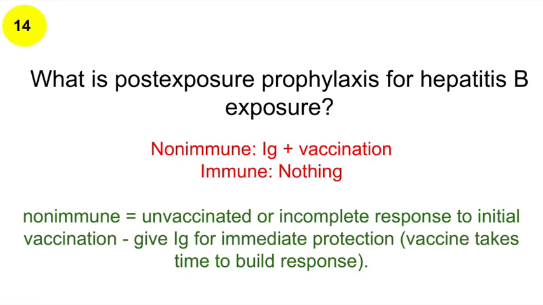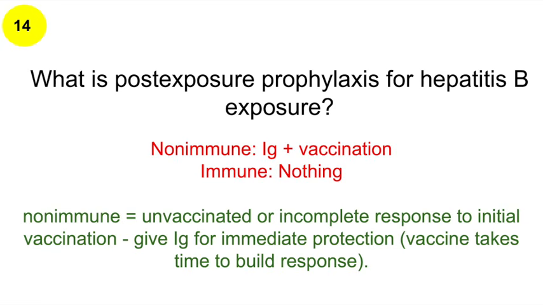So non-immune means that they are unvaccinated or have an incomplete response to initial vaccination. So you give the immunoglobulin for immediate protection, while the vaccine is also given, but this takes time to build the response.